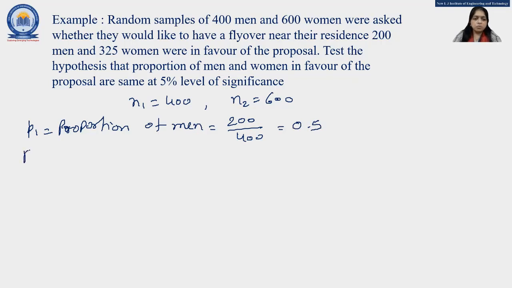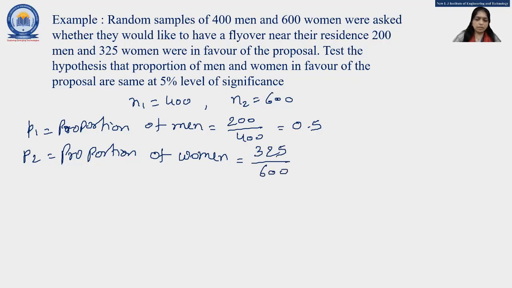Same P2, it is the proportion of women which are in favor of the flyover, that is 325 upon 600, and it is 0.541.